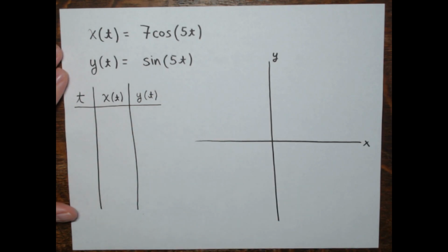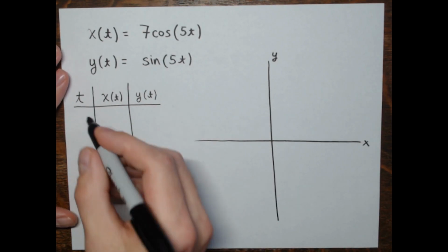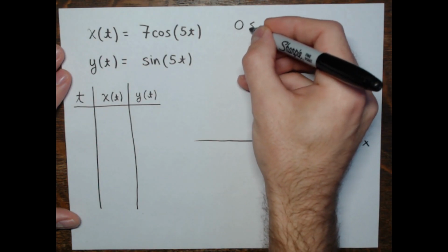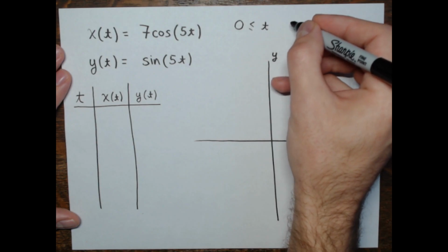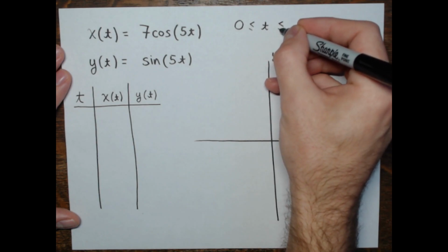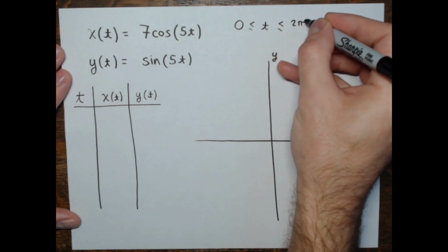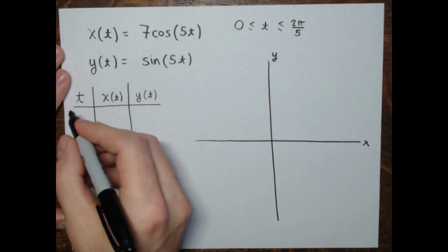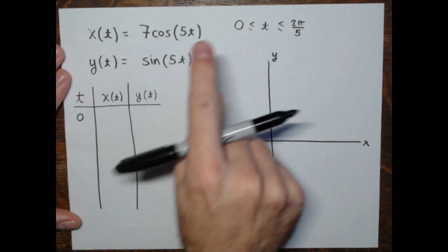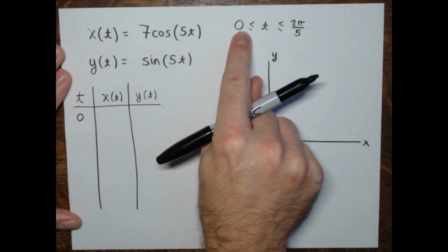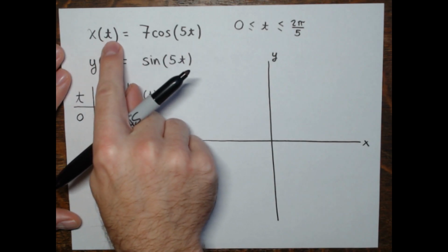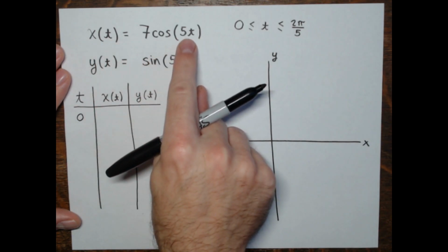Now they're also having t range from 0 to 2 pi over 5. When t equals 0, at the low end here, plug those in. x of 0 would be 7 times the cosine of 0.